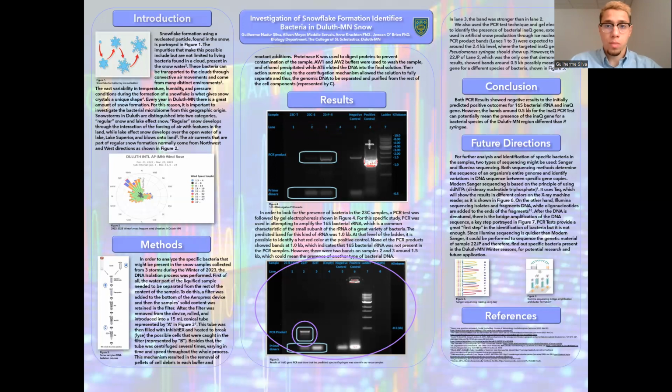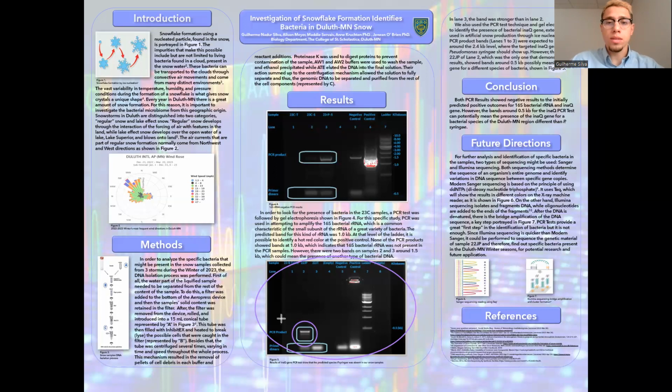And also we have the positive control here and the ladder to estimate where in kilobases our product is. And for this one here, we found results close to 0.5 kilobase, which wasn't expected because the expected was 2.4, as I just said.